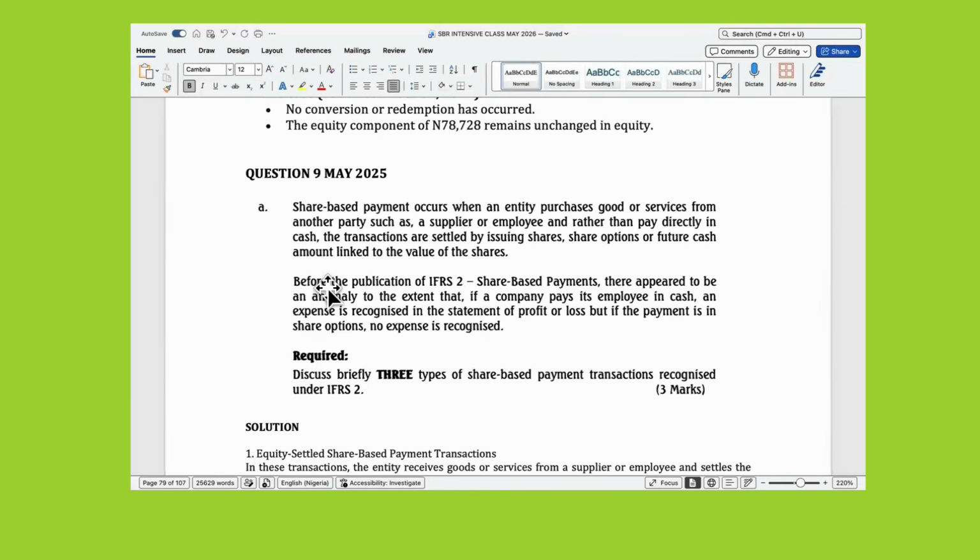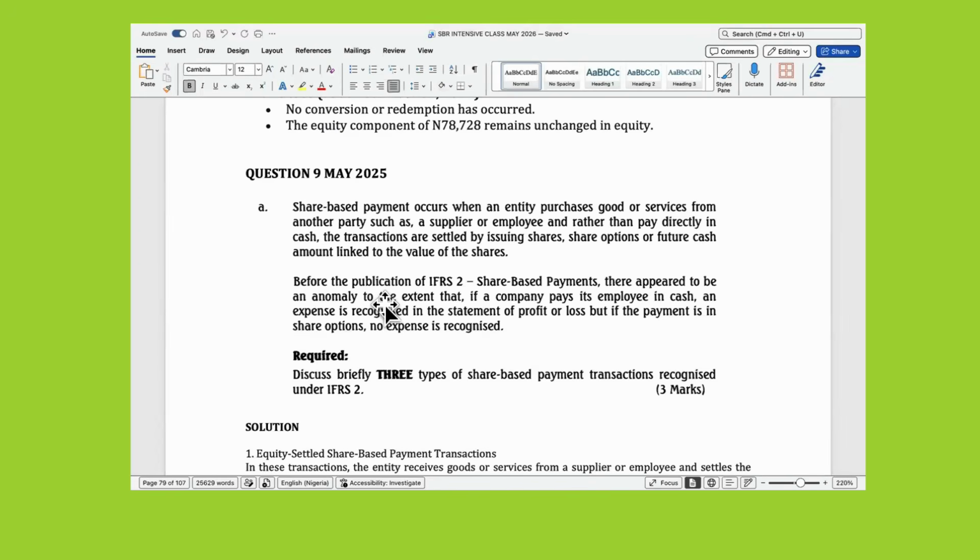Like paragraph 2 of this question is talking about, that they don't account for such transactions because they believe it doesn't have substance. That is, we are not paying now and we have not given them the shares yet, so there is nothing to account for. And that's wrong.